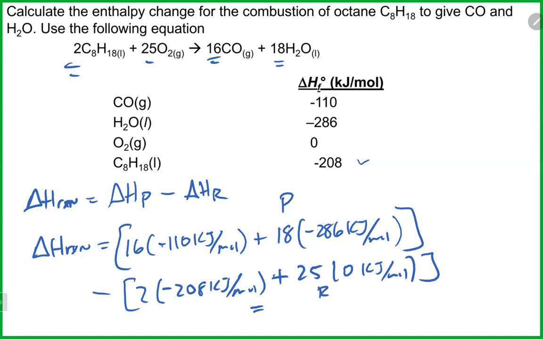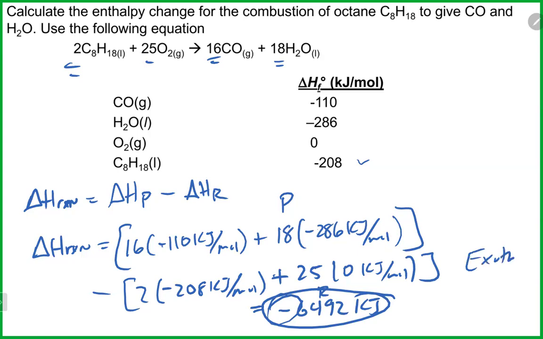So taking 16 times minus 110 plus 18 times minus 286 minus 2 times minus 208 is going to give us, I think, minus 6492 kilojoules in this case. And again, it should be exothermic as we got a negative value. Any questions on that?